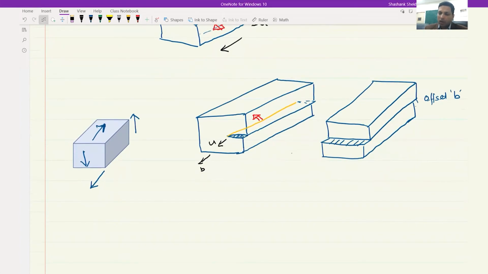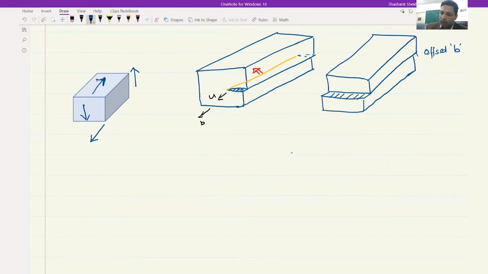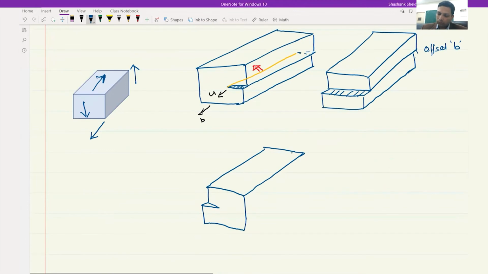The other possibility in this particular case is to again have a dislocation which would be... we are not in a position to see exactly the shape here. So I will draw it in dotted lines.